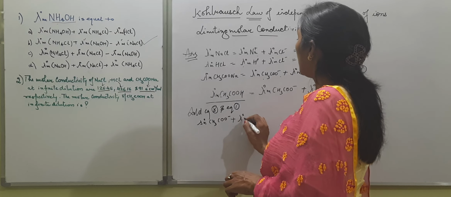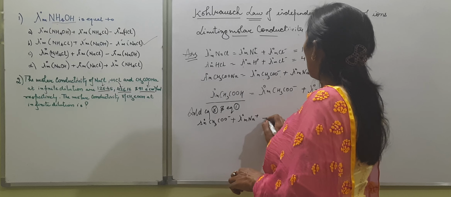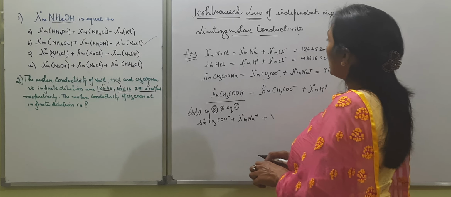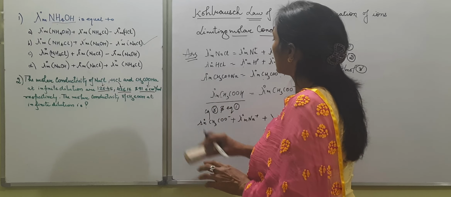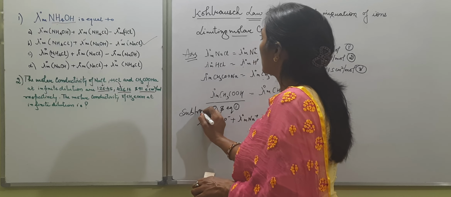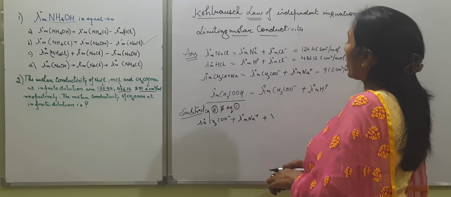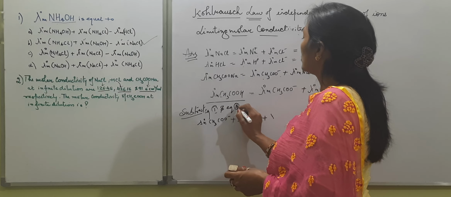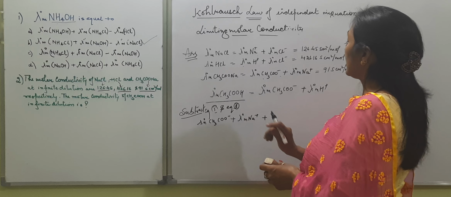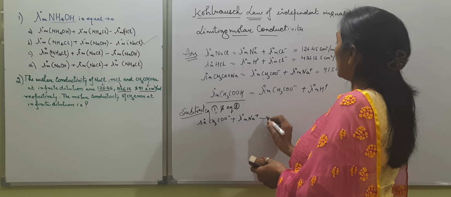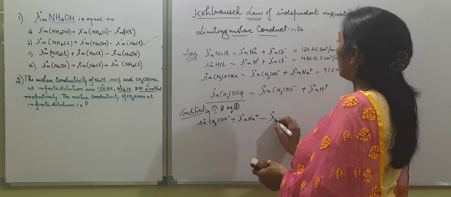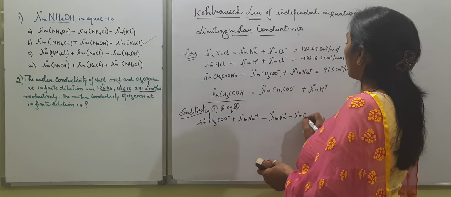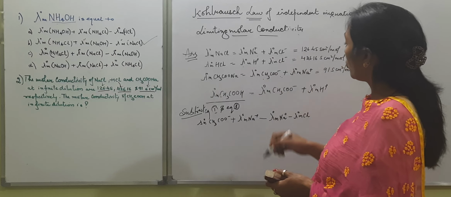Plus the limiting molar conductivity of sodium ion, and while we are adding, we are getting the double, so we have to subtract this one. Subtract equation 1 from equation 3. So I have written equation 3 here, now we have to do the minus here, that is the limiting molar conductivity of sodium ion minus the limiting molar conductivity of Cl. I have subtracted equation 1 from equation 3.